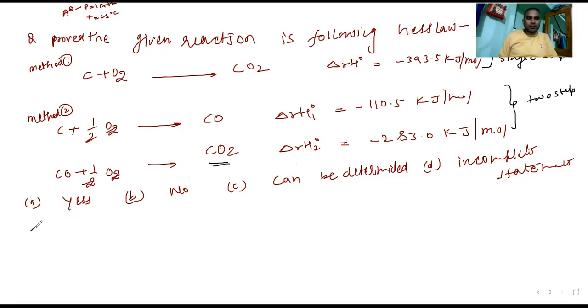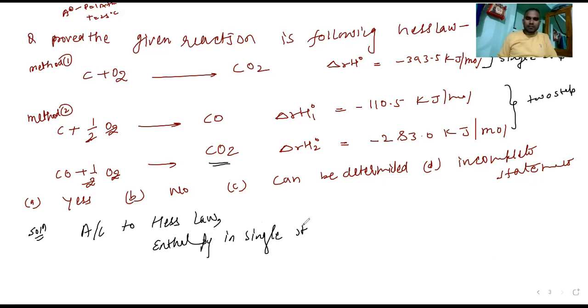If you are talking about the solution, they are saying according to Hess law, what you are going to get is enthalpy in a single step. You can write that enthalpy in a single step is equal to the sum of enthalpy in multiple steps.